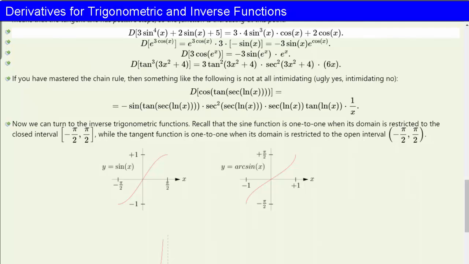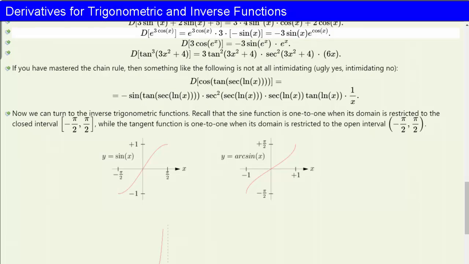By the chain rule, you have to multiply by the derivative of what is inside the fourth power function. Inside that fourth power function was a sine function, and the derivative of sine is cosine. So you end up with 12 sine cubed x cosine x. The next term is easy. You're just differentiating 2 sine x, and you get 2 cos x. And the last derivative is 0 because the derivative of a constant is 0.